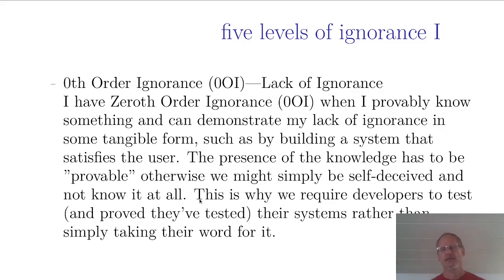And obviously, if we have a lack of ignorance, that means we have full knowledge. So I have 0th order of ignorance when I provably know something, and I can demonstrate my lack of ignorance in some tangible form, such as by building a system that satisfies the user.